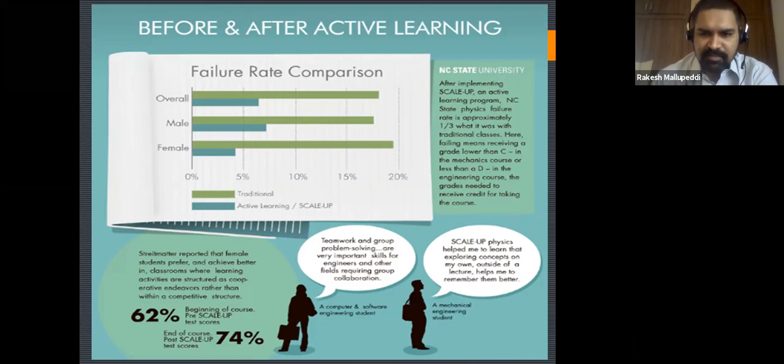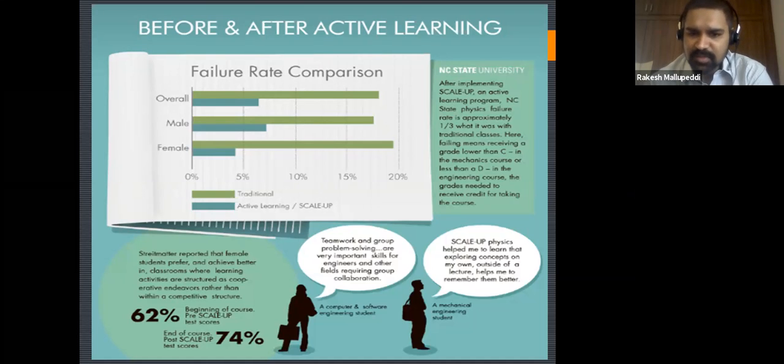So the students themselves have spoken here about what made them better, what type of activity made them better. Some said teamwork, group problem solving. Some said a particular active learning and SCALE-UP program that they have implemented, where he has explored concepts on his own.